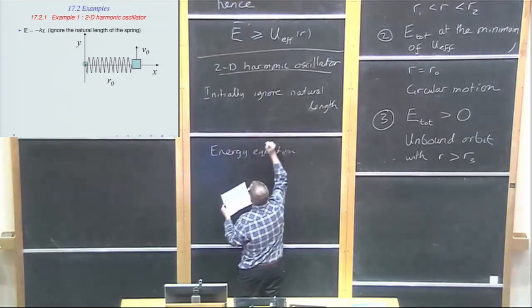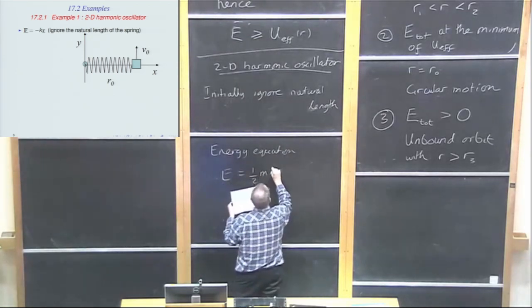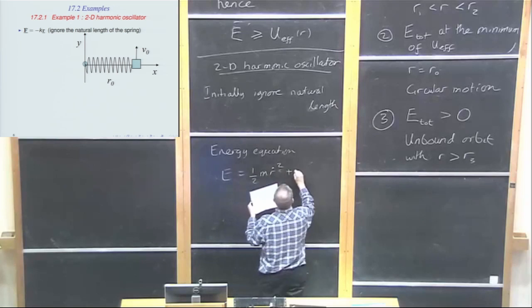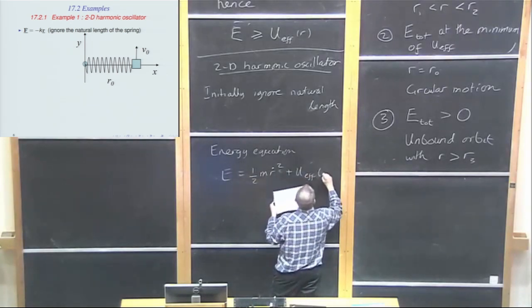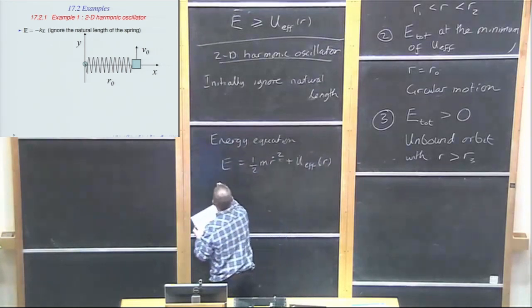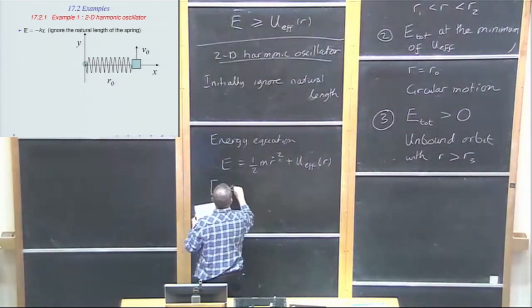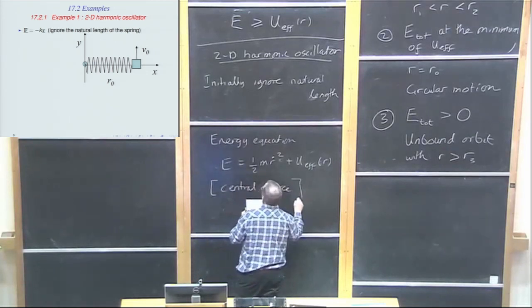Well, it will again be a half m r dot squared plus U_F of r, because once more, what is key here, this is a central force, right? This is something which can't be stressed enough.